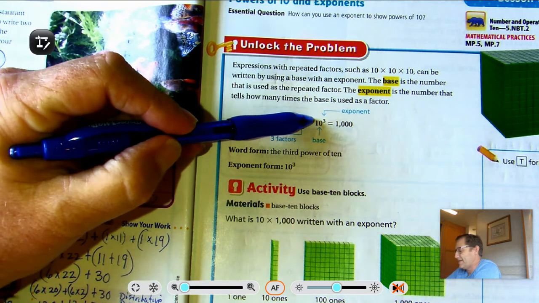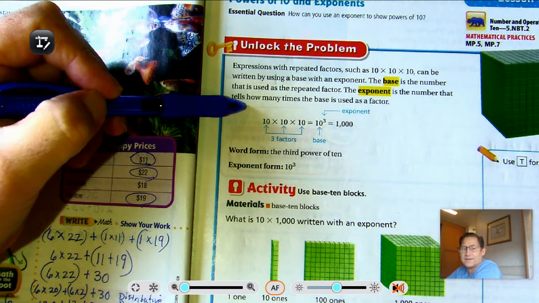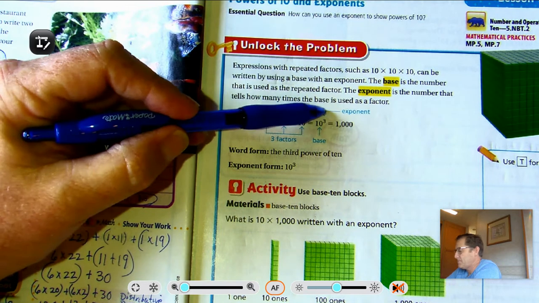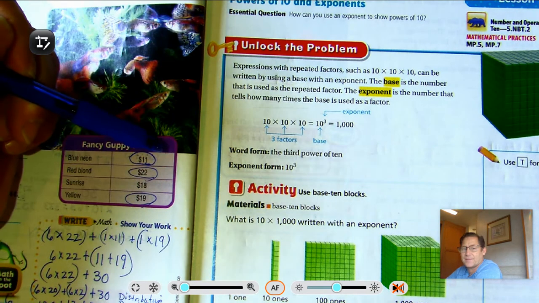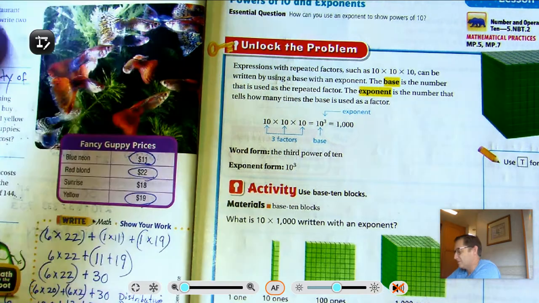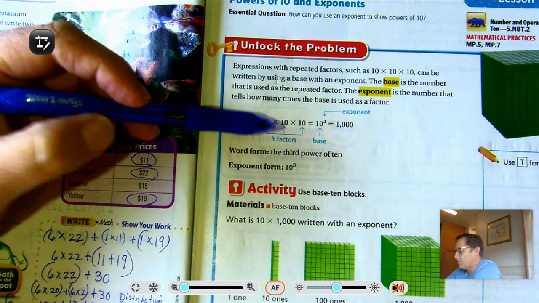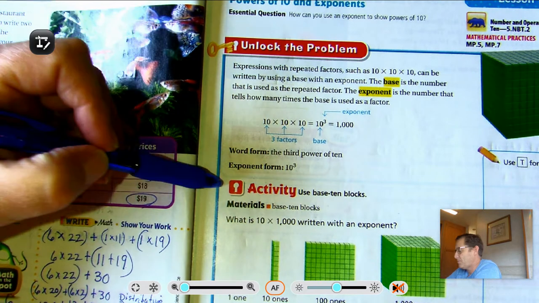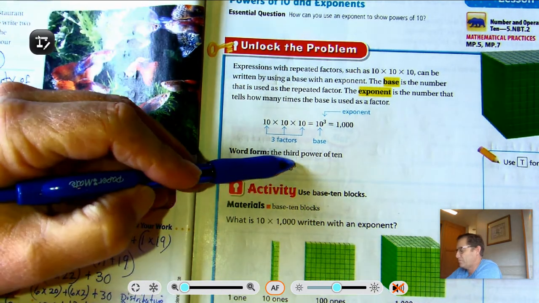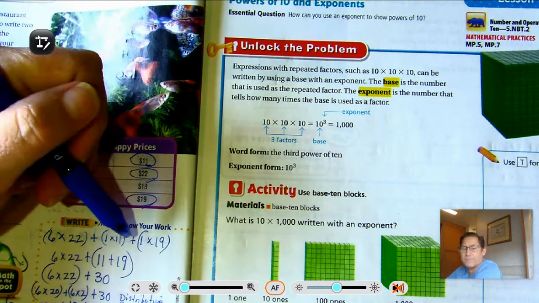So the base is 10. That's the number that's the factor that's being repeated. And the exponent is 3 because there were 3 tens. And that equals 1,000. So in word form, you would say the third power of 10. In exponent form, you write 10 with the 3 raised.